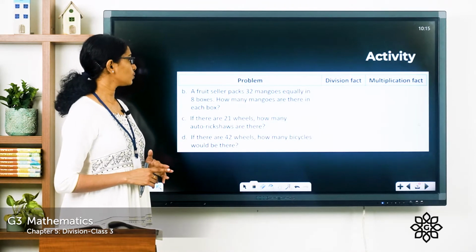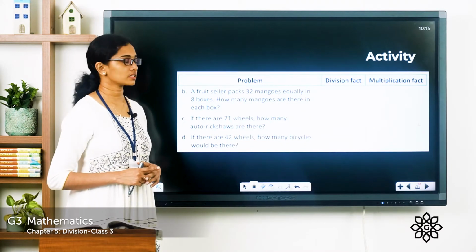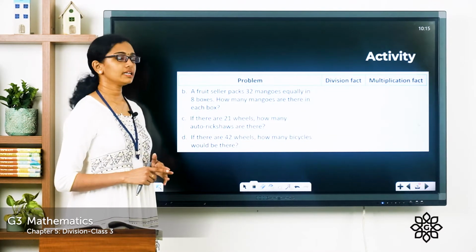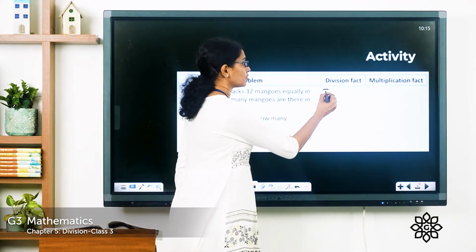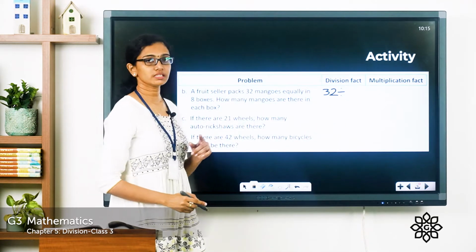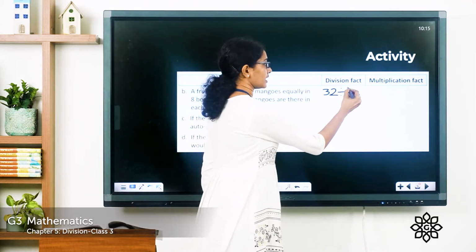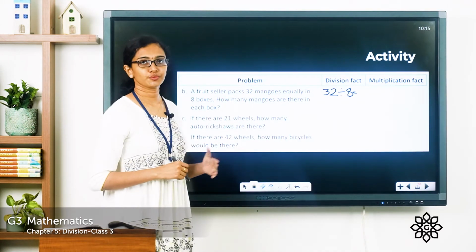Question B. A fruit seller packs 32 mangoes equally in 8 boxes. How many mangoes are there in each box? So you have a total of 32 mangoes which are divided into how many boxes? 8 boxes. And you have to find out how many mangoes are there in each box.